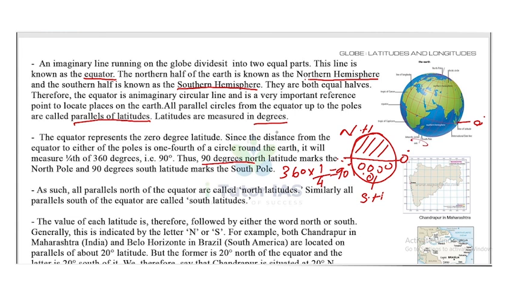So this point, the North Pole, is 90 degrees north and this point is 90 degrees south. I hope you understand.